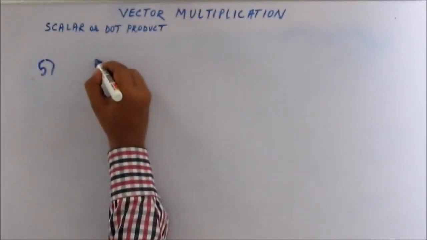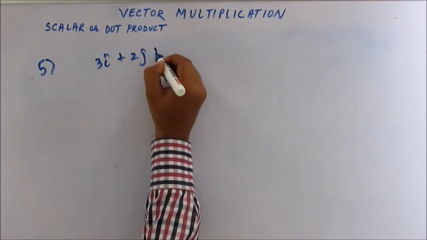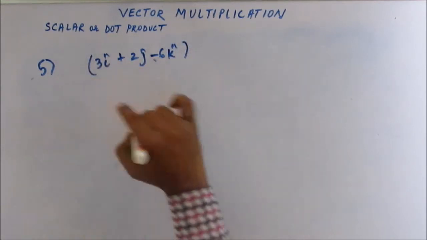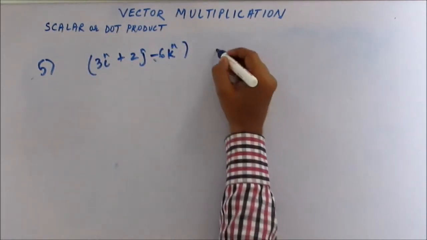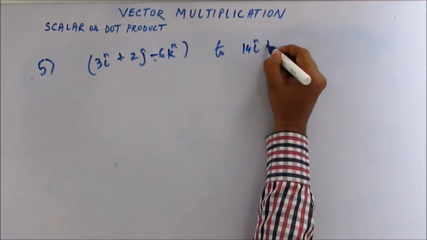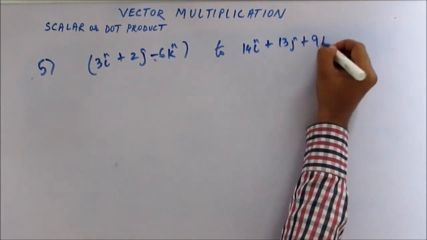Suppose a point is positioned at 3i cap plus 2j cap minus 6k cap. Now it displaces from this initial position to 14i cap plus 13j cap plus 9k cap.